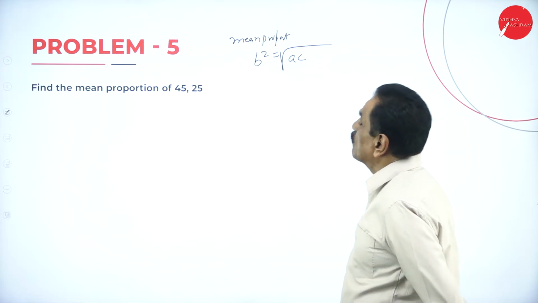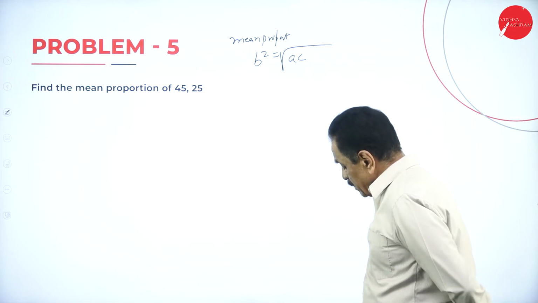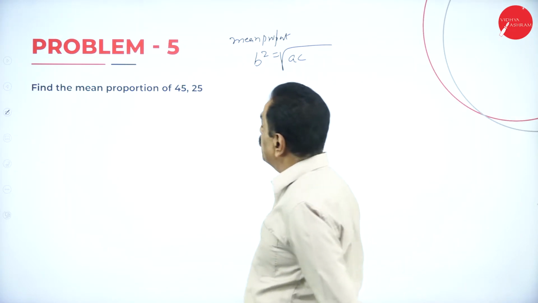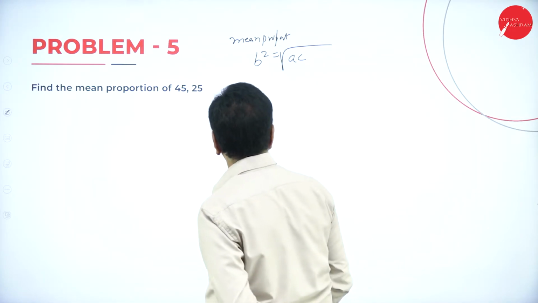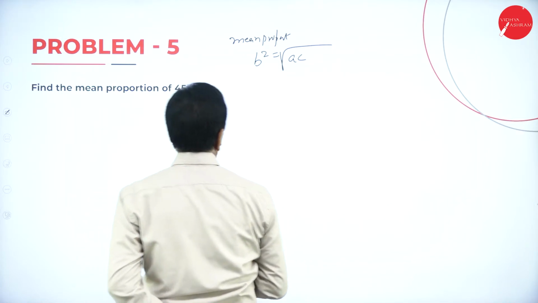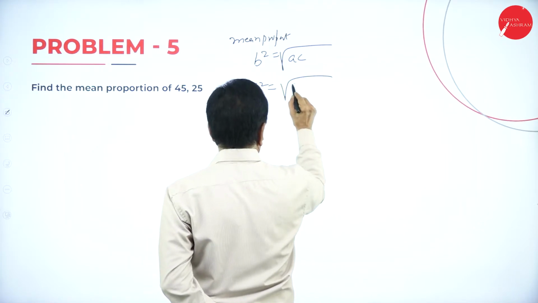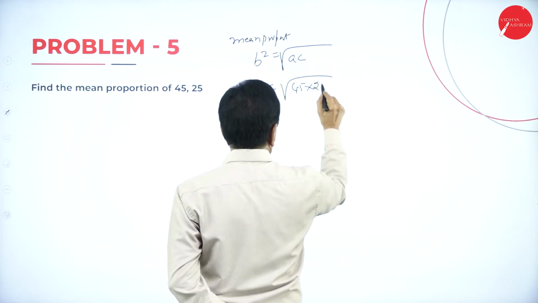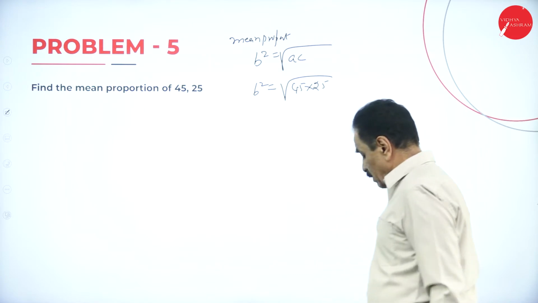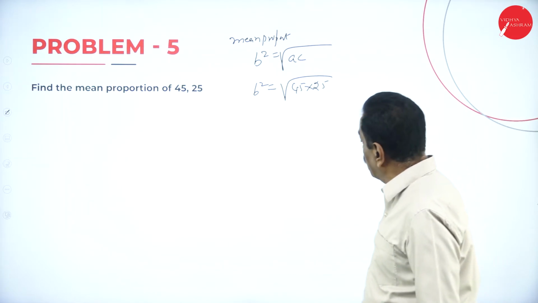So 45, mean proportion, B square is equal to root of 45 into 25.